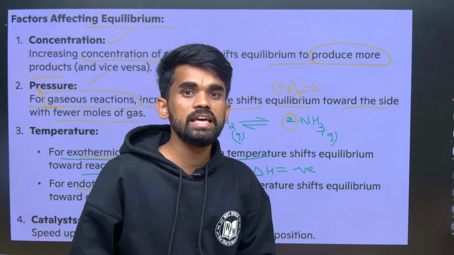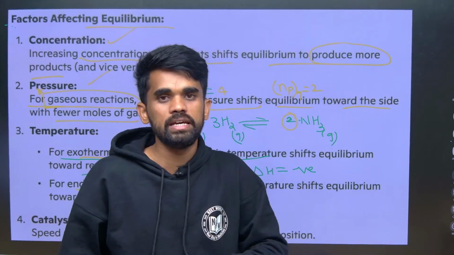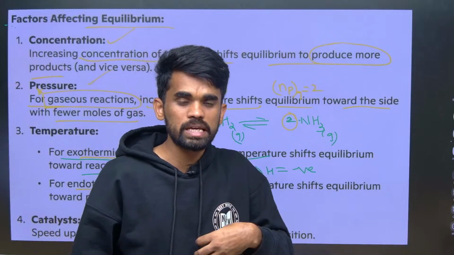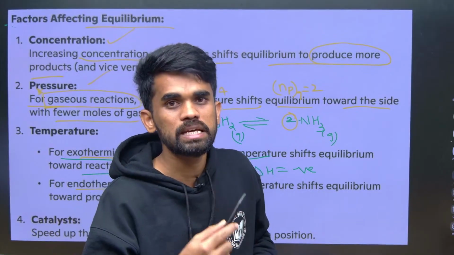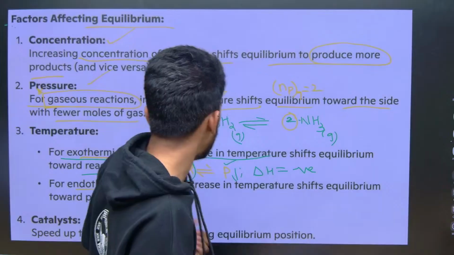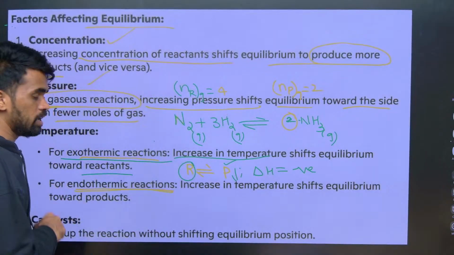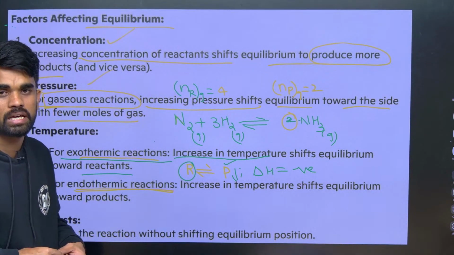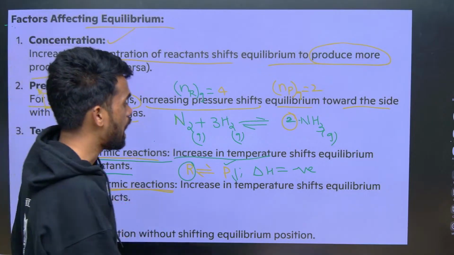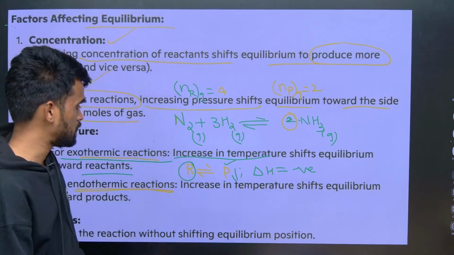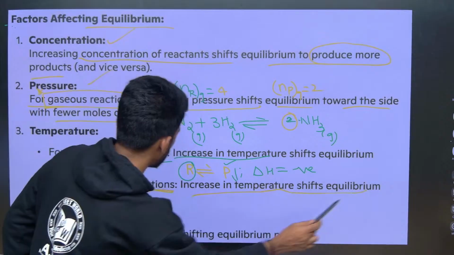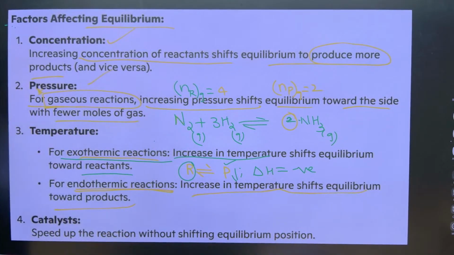It means the reaction is favored by absorbing heat, so I can say high temperature favors forward. So for an endothermic reaction, it is favored by high temperature. Increase in temperature shifts the reaction to the product side, or forward.